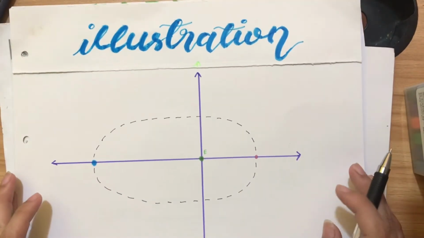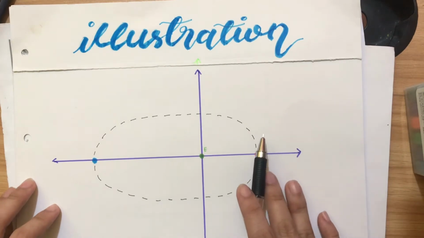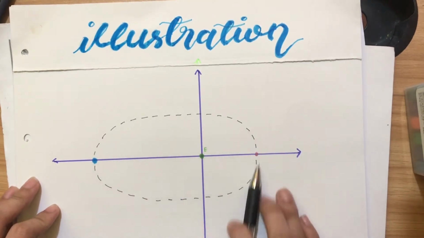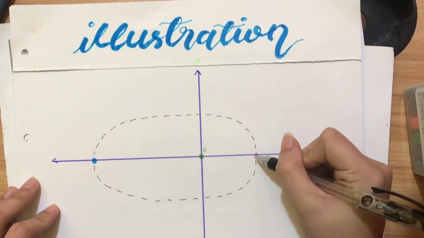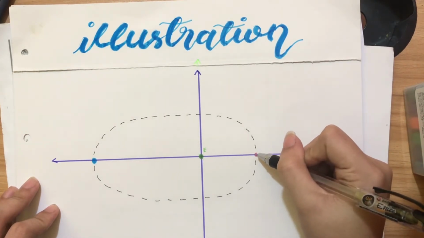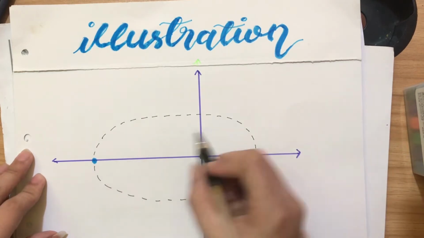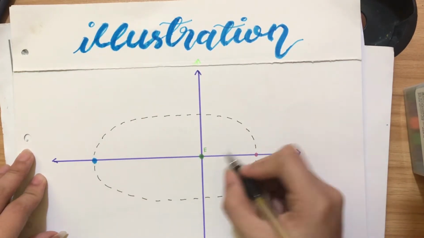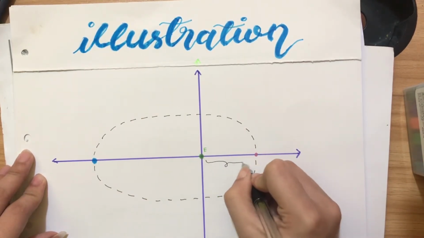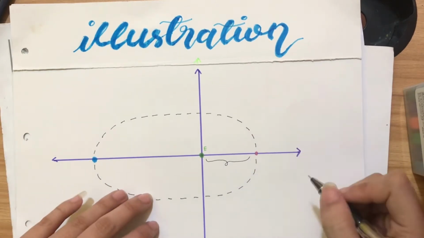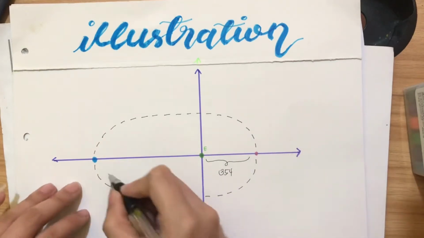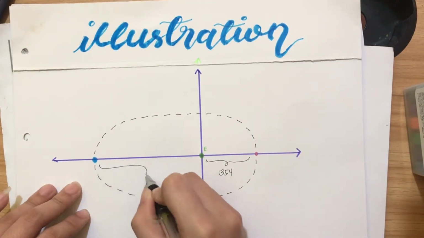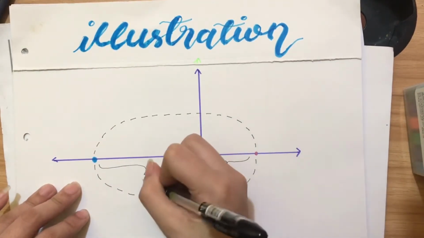Hi! So based on the problem, this is the moon's orbit, where the moon orbits, and it is an ellipse. This is the point of the minimum distance, and this is the point of the maximum distance. This is equal to 354 units, and this one is equal to 412 units.